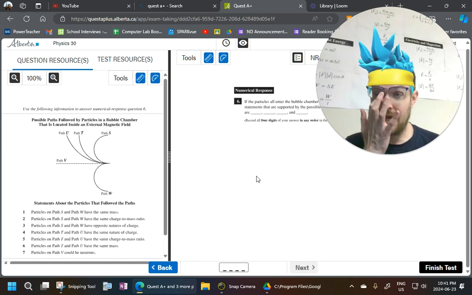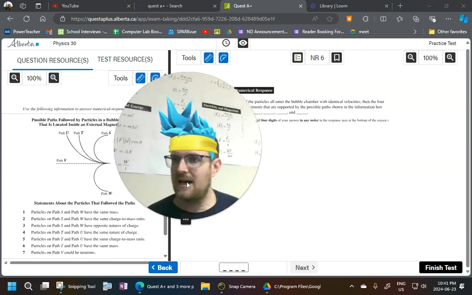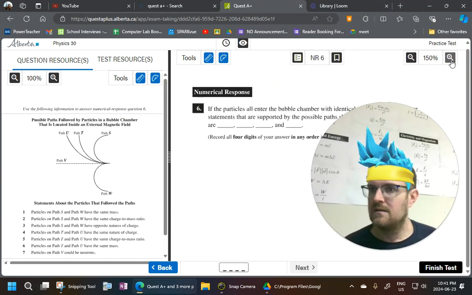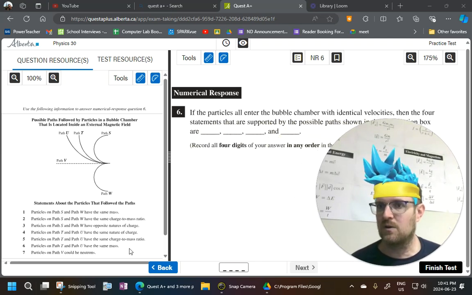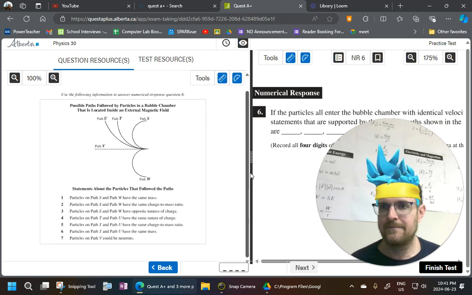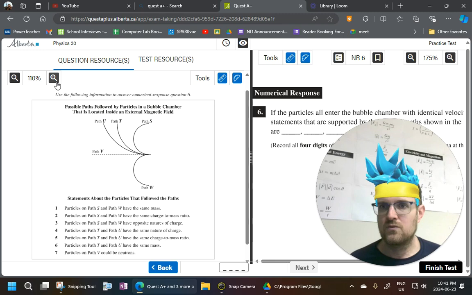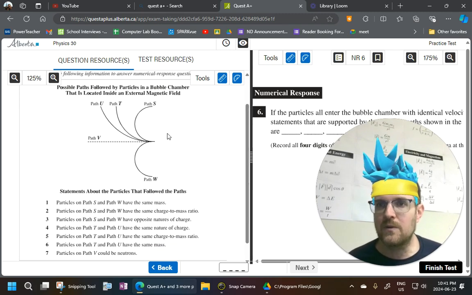Okay, so we've got all these little paths over here, a bunch of particles. Do they have the same mass? And blah, blah, blah. They enter the bubble chamber with identical velocity, so that's important. What can we say about these particles? Let's read through this here. Do S and W have the same mass?